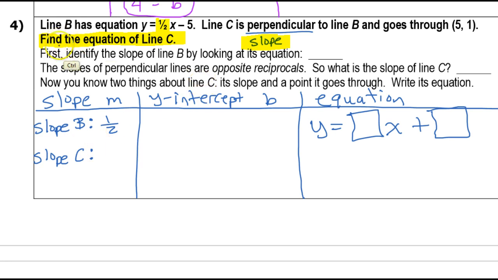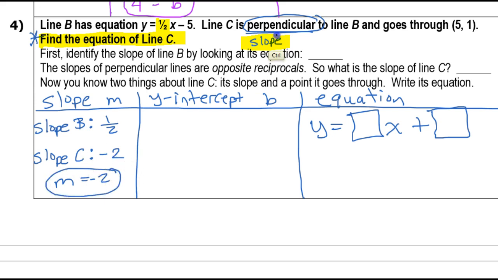Line C is the one that we're supposed to actually find the equation for. Well, because they are perpendicular, the slopes will be opposite and reciprocal. So slope C should be -2. Remember, the reciprocal of 1/2 would be like 2/1, but 2/1 is just 2, so -2. So this is the slope that we want. So m is equal to -2.